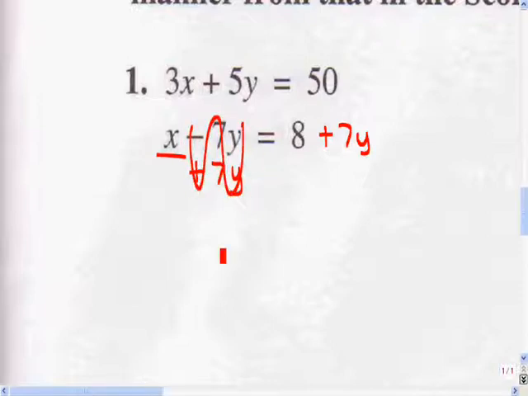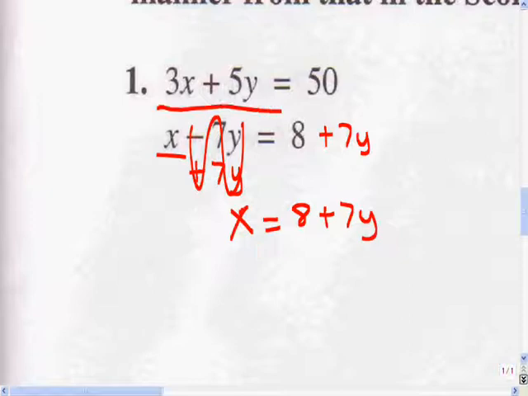Since I added 7y to the left side, I've got to add 7y to the right side. Okay, now that I've got x equals 8 plus 7y, I can substitute the x.